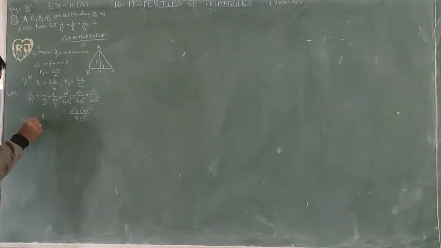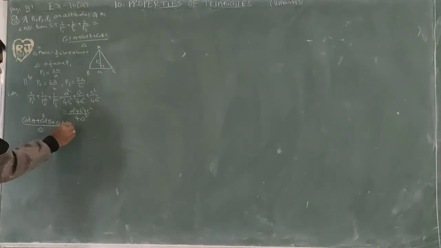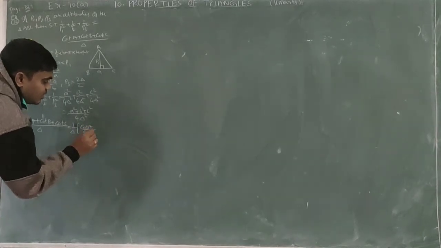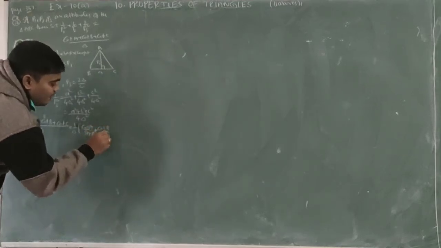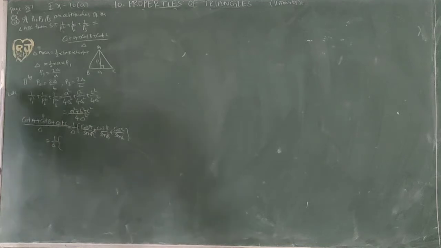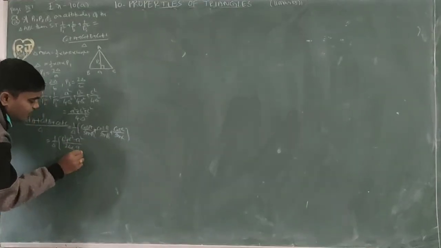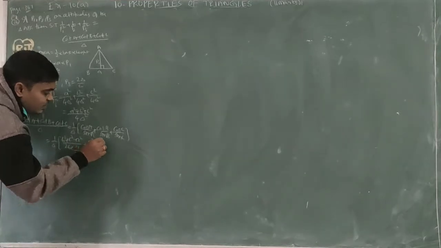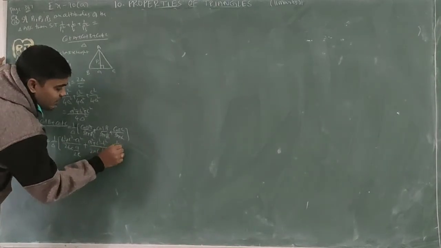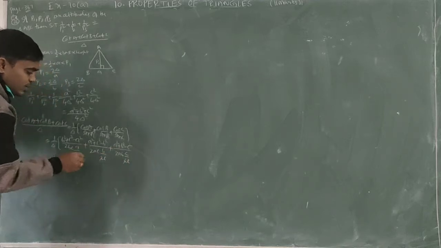Cot A plus cot B plus cot C by delta. So that is 1 by delta of cos A by sin A plus cos B by sin B plus cos C by sin C. So 1 by delta of cos A, (b square plus c square minus a square by 2bc), by sin A, which is a by 2R, plus cos B, (a square plus c square minus b square by 2ac), by b by 2R, plus cos C, (a square plus b square minus c square by 2ab), by c by 2R. 2 cancel, 2 cancel, 2 cancel.